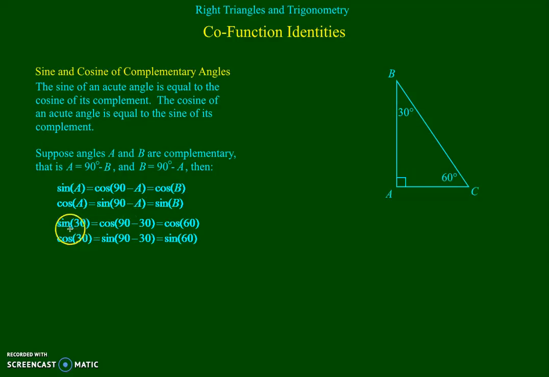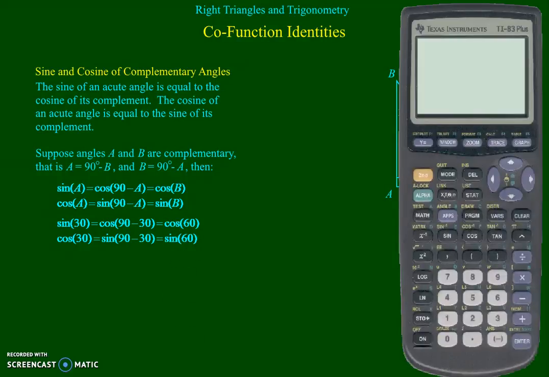For example, sine of 30 equals the cosine of 90 minus 30, which is, of course, the cosine of 60. And the cosine of 30 is equal to the sine of 90 minus 30, which is sine of 60. So we can verify that really quick in our calculator. The sine of 30 is 0.5, and the cosine of its complement, 60, is 0.5.